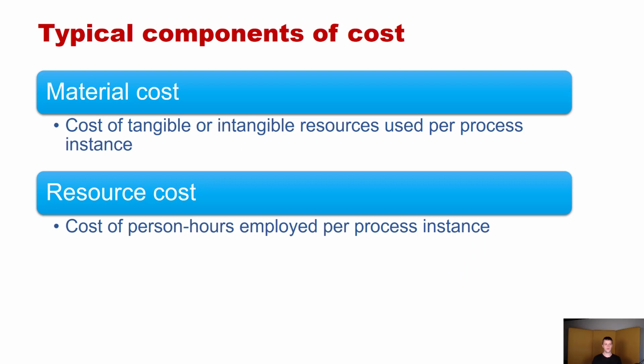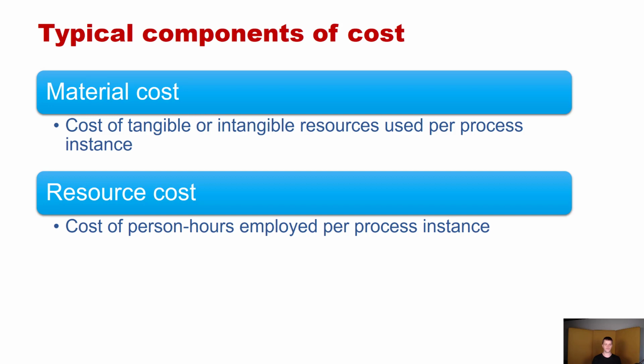Here, there are some typical components of cost. We have material cost, which is the cost of tangible or intangible resources used per process instance. So all the process inputs that you require, for example, the raw materials that you require. The second component would be resource cost, which is cost of person hours employed per process instance.